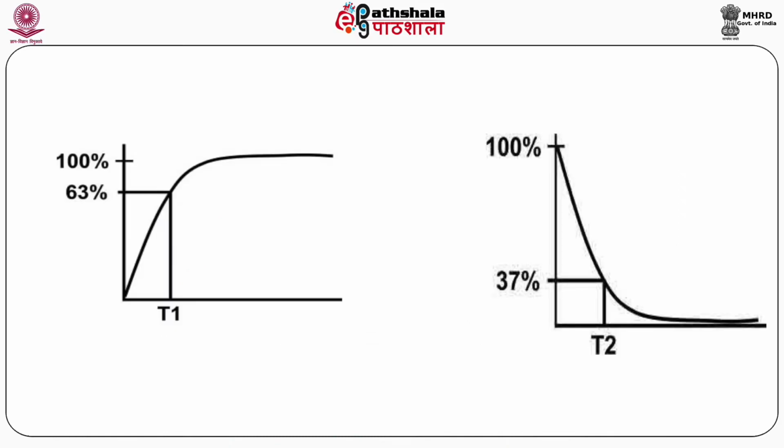Now at this point of time, the radio frequency pulse is switched off. When the radio frequency pulse is switched off, the process is called relaxation. It is the process that occurs after terminating the RF pulse, in which the physical changes that were caused by the RF pulse return to the state from where they were disturbed.